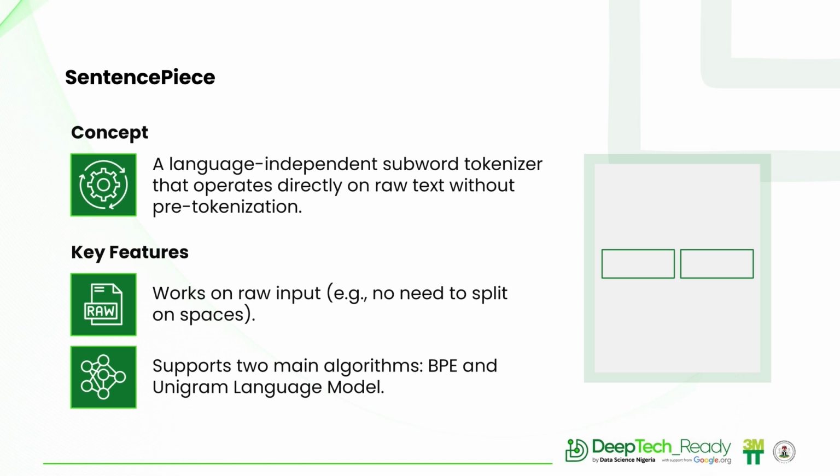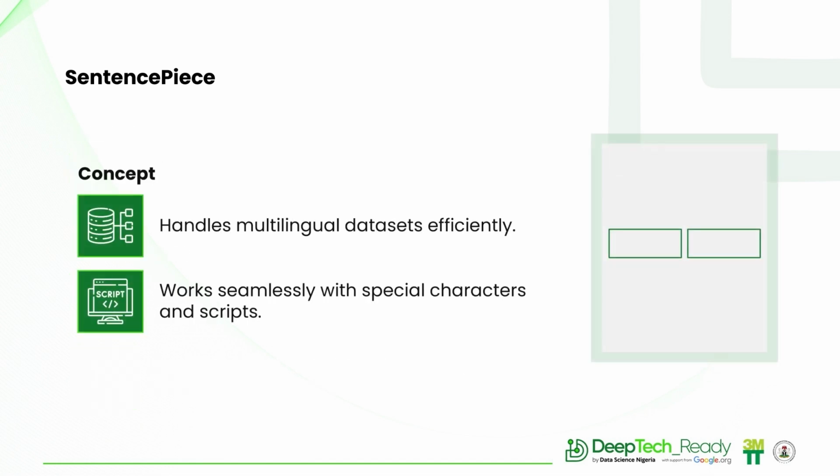SentencePiece is excellent for handling multilingual datasets because it doesn't rely on language-specific tokenization rules, and this makes it adaptable to a wide range of languages. It also works well with special characters and different scripts.